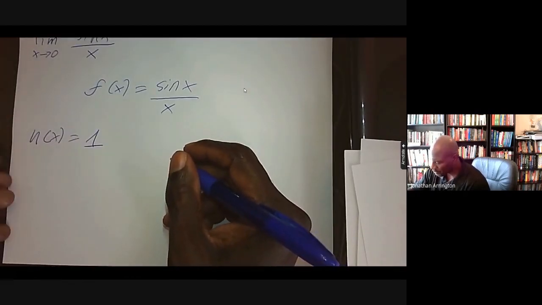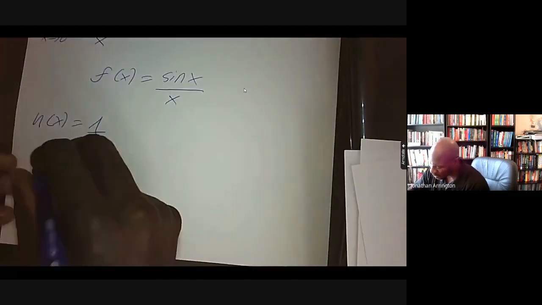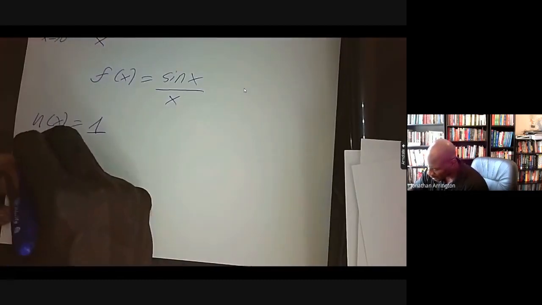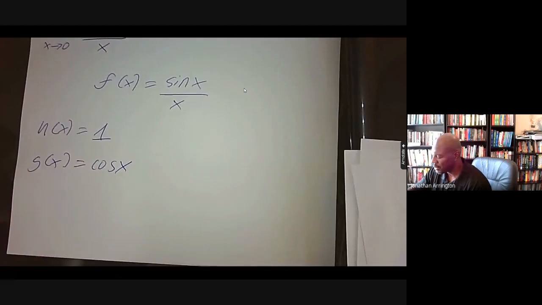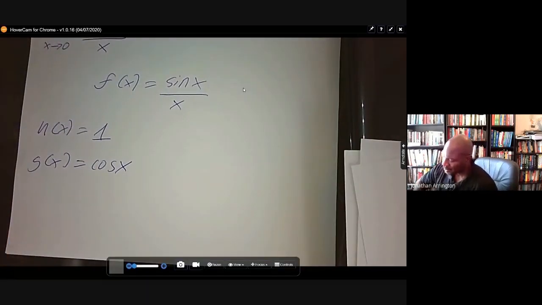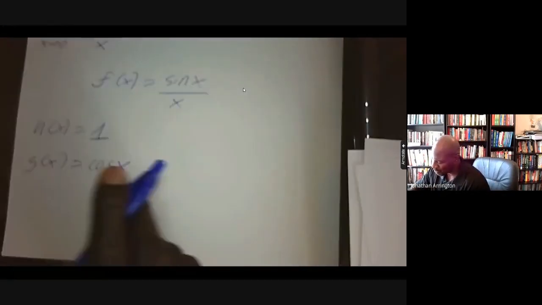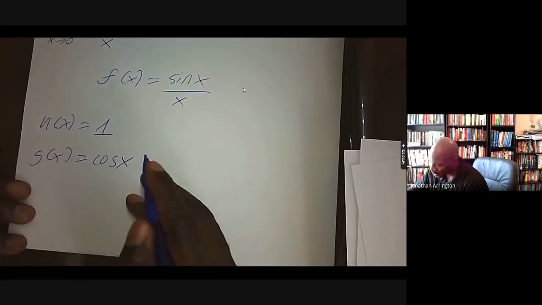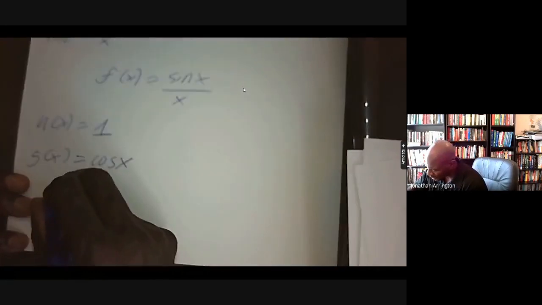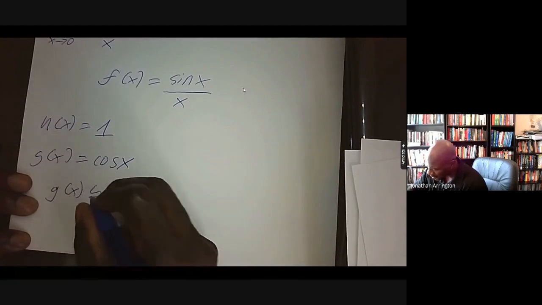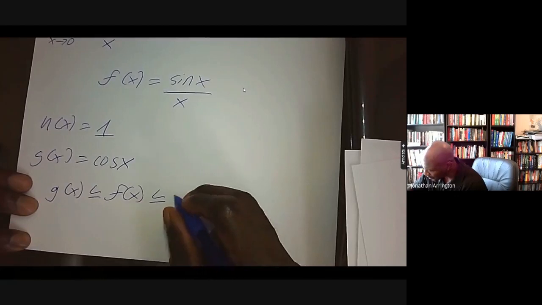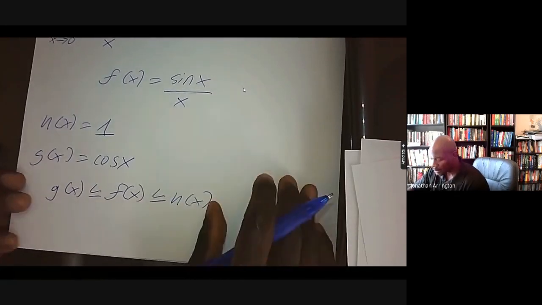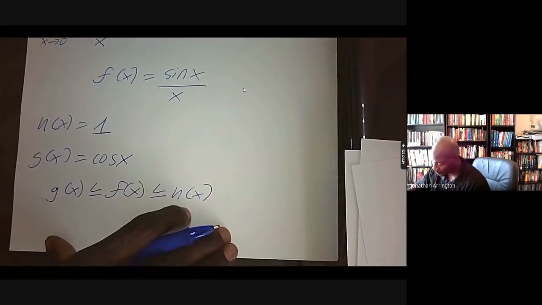And let's say another function, let's call it g, g of x equals cosine x. All right, let's say we have those two statements. And I also told you that g is less than or equal to f, which is less than or equal to h. So let's say I told you this.